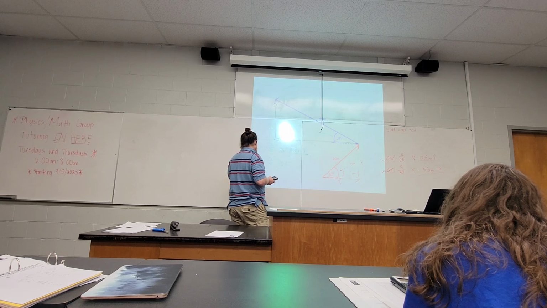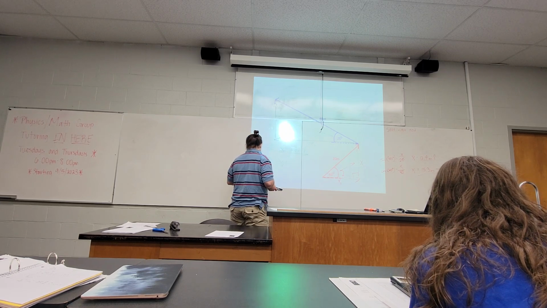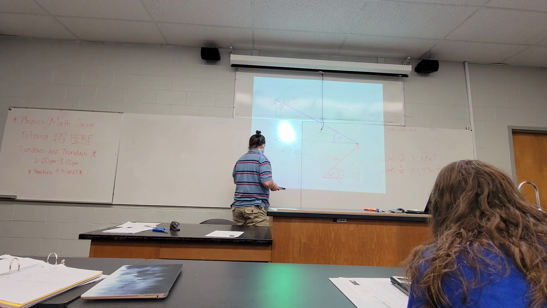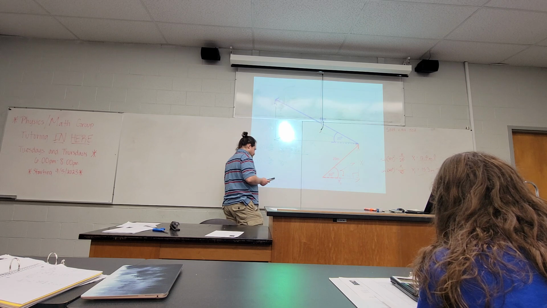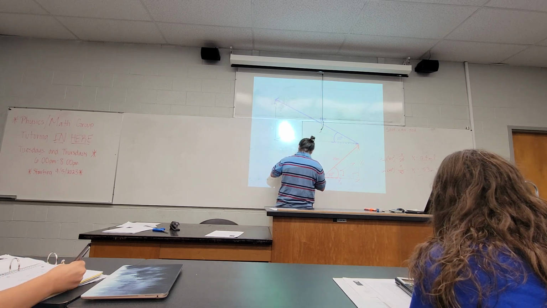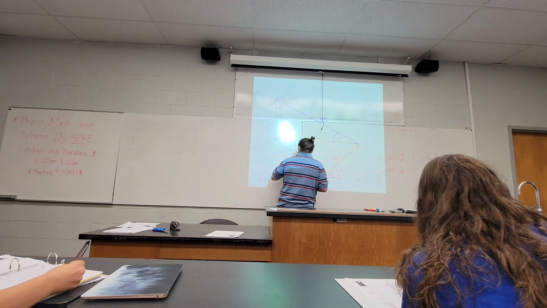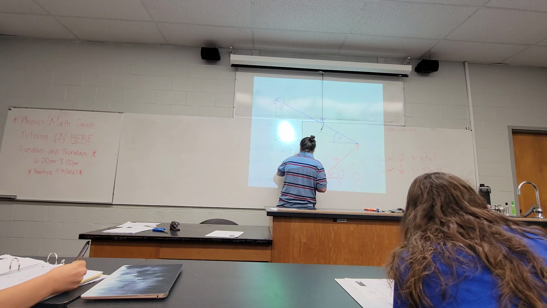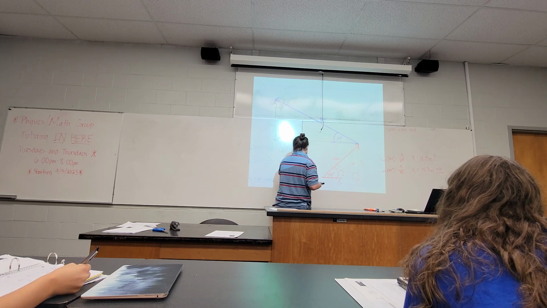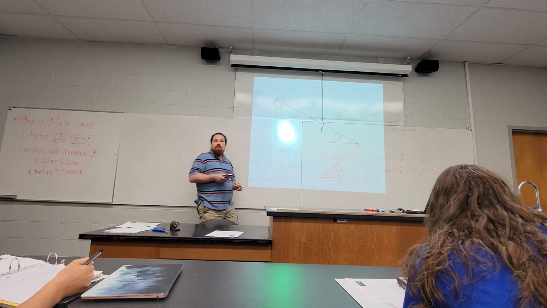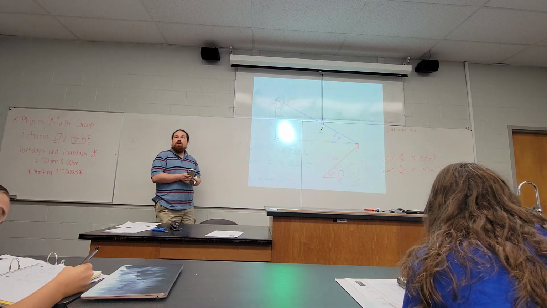Try again. I defined x2, that should be equal to 40 times cosine of 25 degrees. Oh, yeah, I'm sorry, 36.25. That is what I got. Does anyone disagree? Okay. Questions, comments, concerns?